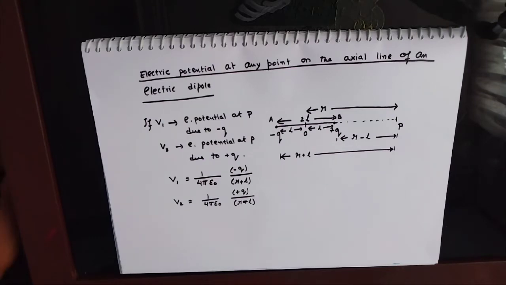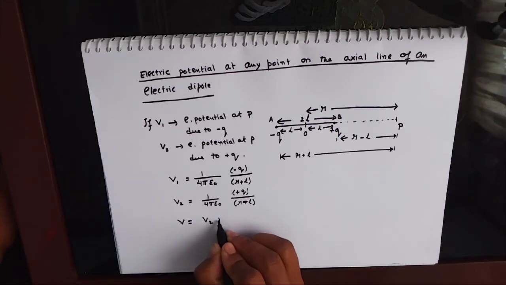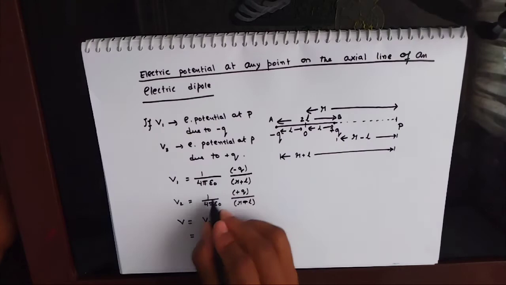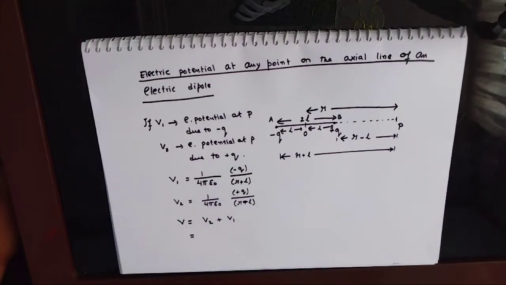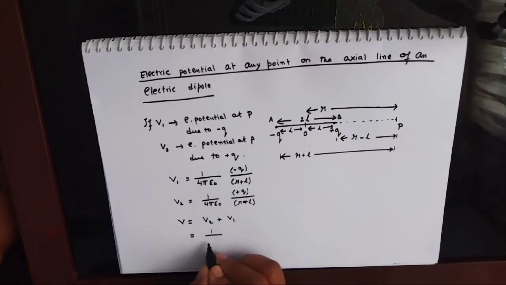So if V is the net potential at point P, then we just add V2 plus V1. Here Q by 4 pi epsilon naught is the same, so I take common 1 by 4 pi epsilon naught.